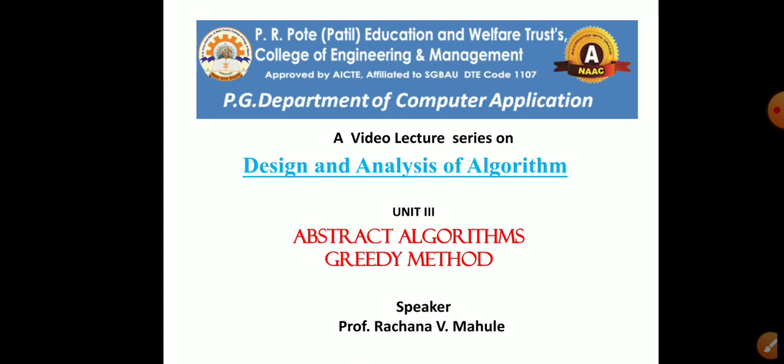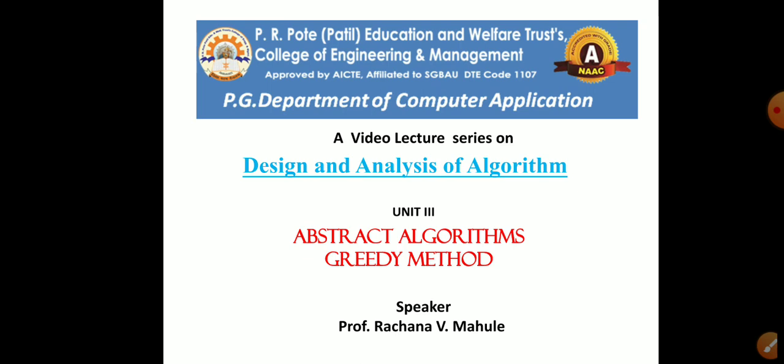Any subset that satisfies the constraints is called a feasible solution. We will have multiple solutions for a single complex problem, and those are called feasible solutions. But a feasible solution is not necessarily the optimal solution.